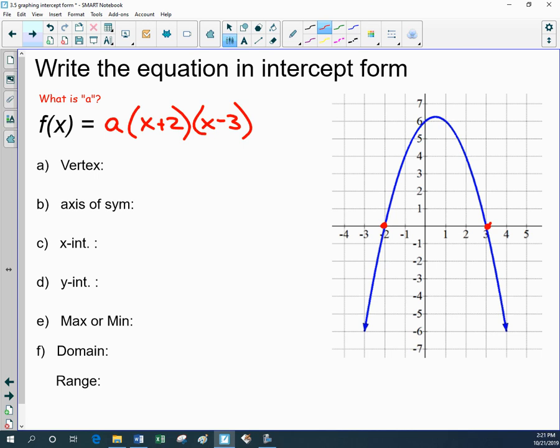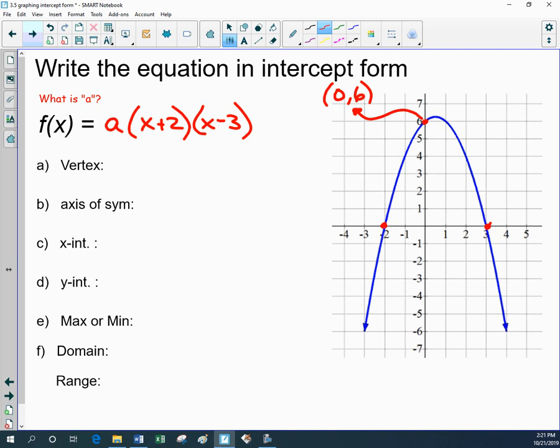And now pick a point to plug in for x and y to be able to solve for a. So again, we can pick the y-intercept. So the y-intercept is at 0, 6. So this point right here is 0, 6. So we're going to plug 0 in for x, and we're going to plug 6 in for y.